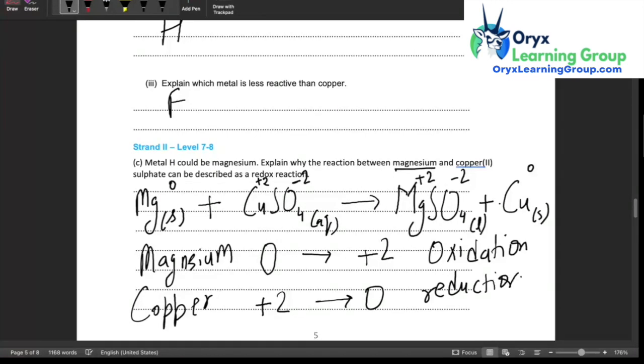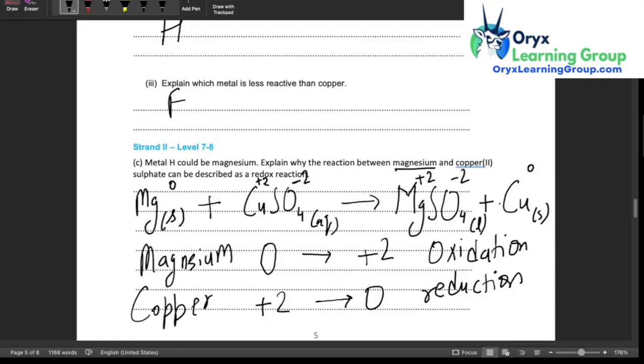Are you clear with this? Is everyone clear or no? Yep. So magnesium is oxidized from 0 to +2, whereas copper is reduced from +2 to 0. That's why this is a redox reaction. Anyone, any doubts here?